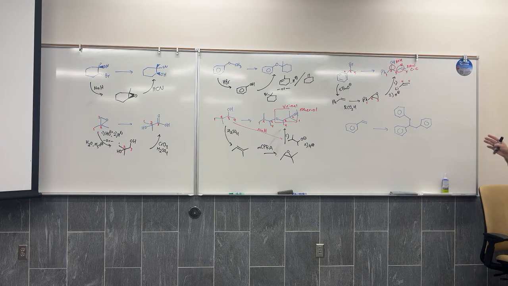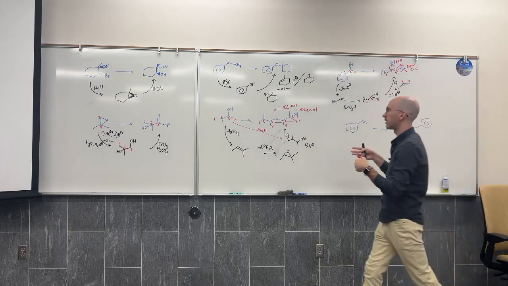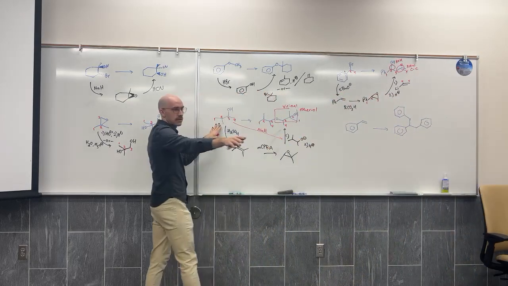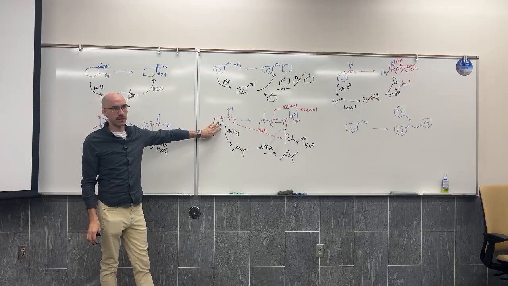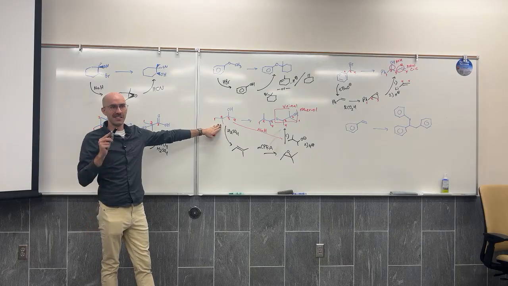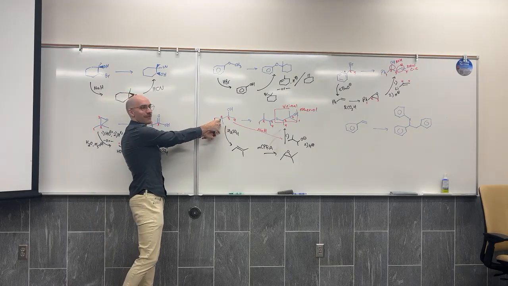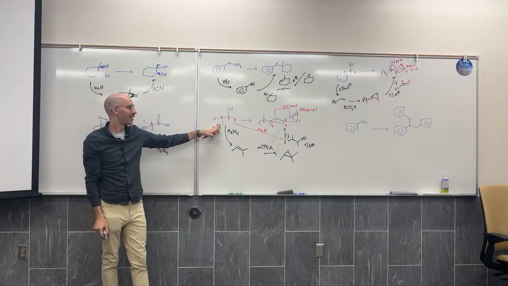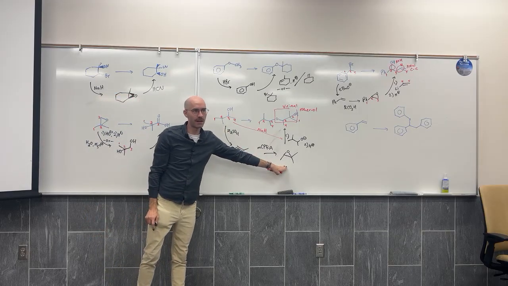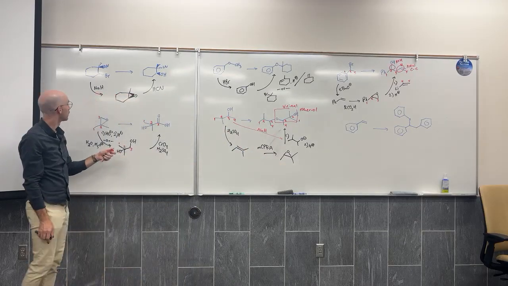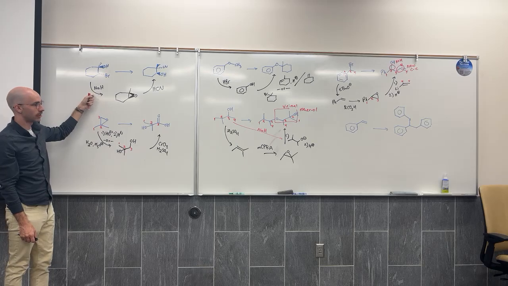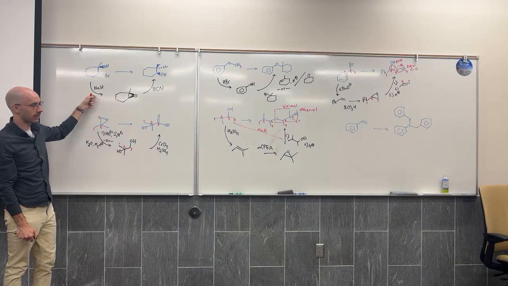But there's not really a way to form a halohydrin. I know you guys were looking at this reaction trying to say, could I put a bromine vicinal to the alcohol to make the epoxide by this elimination, this deprotonation and elimination?